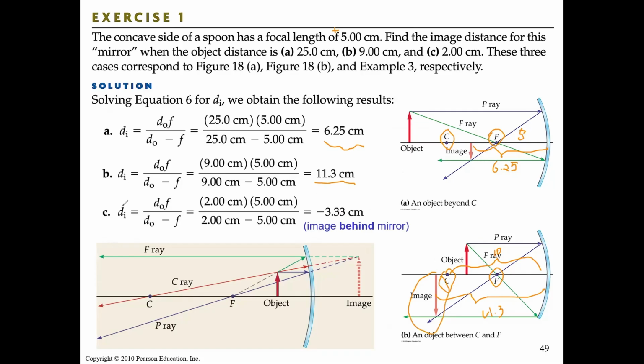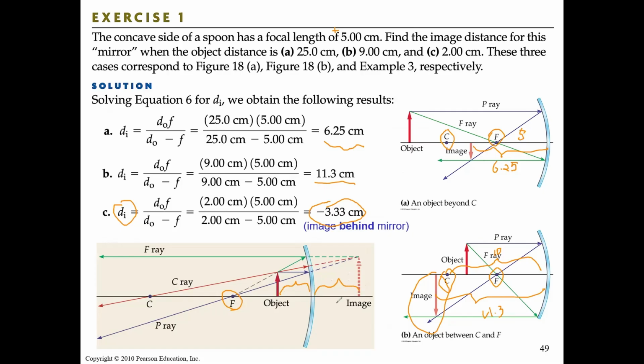Okay. In the third case, we have a DI of 3.33, and it is a negative value. Okay. Why does that happen? Because if you put the object inside F, okay, although you have a positive DO, you will form image on the other side of the mirror.